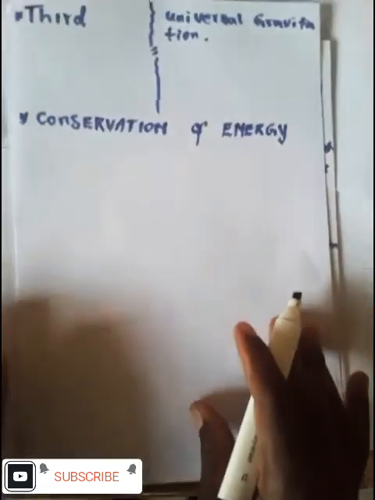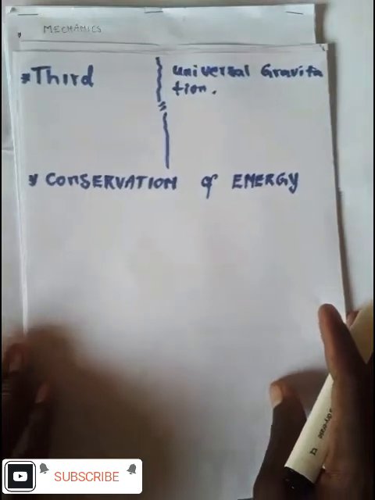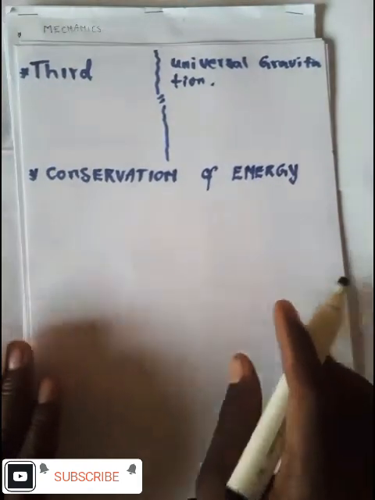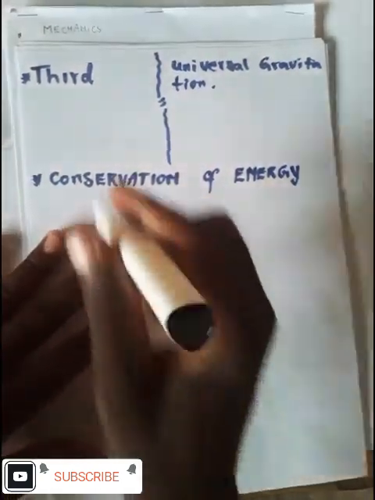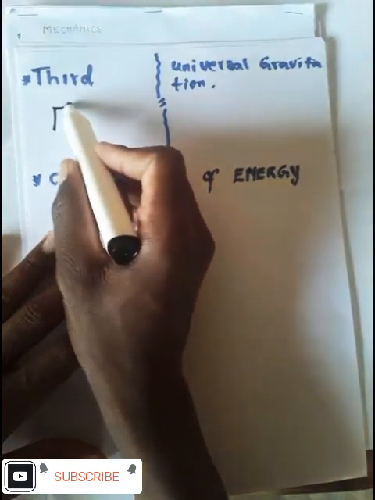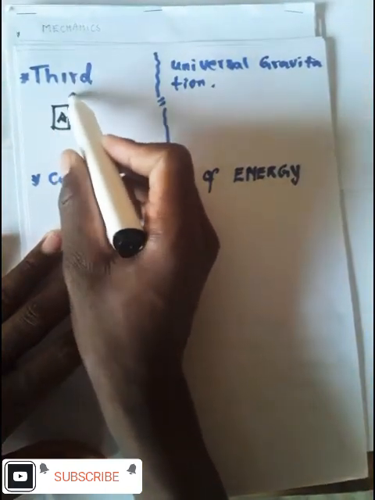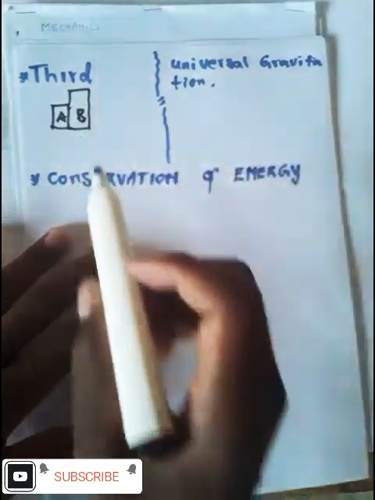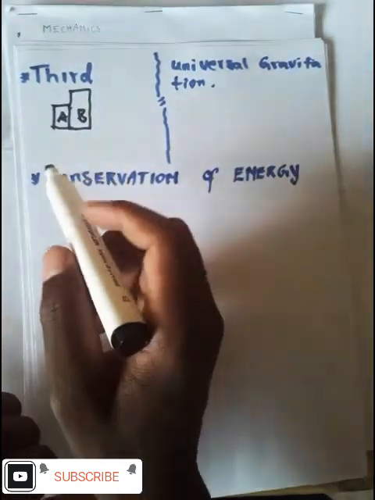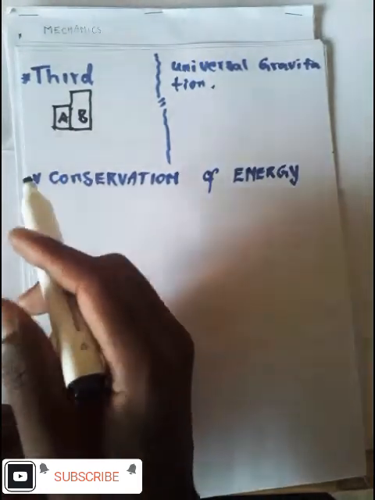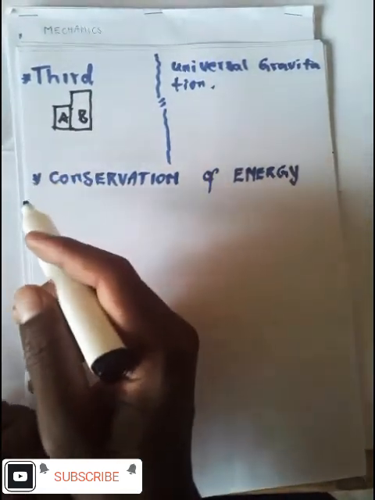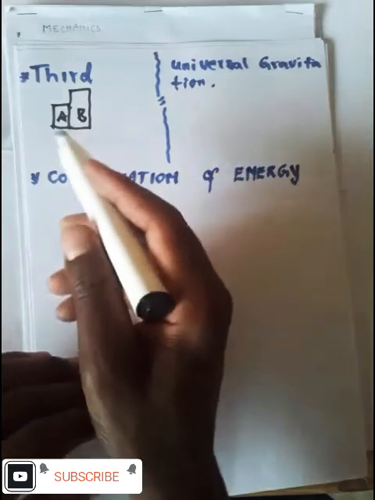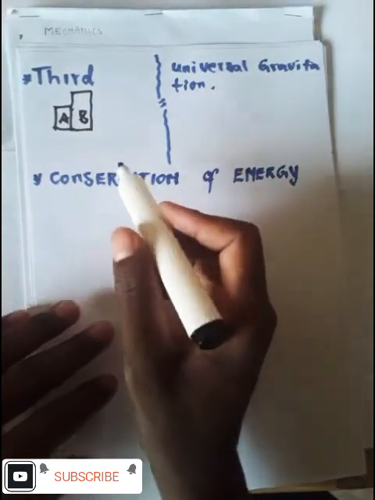Yeah, so let's move on. Now we're going to do Newton's third law and universal gravitation. The third law states that if you have an object A and an object B, and body A exerts a force on body B, then body B will also exert the same force in the opposite direction.